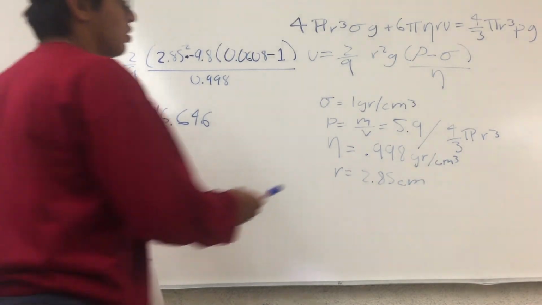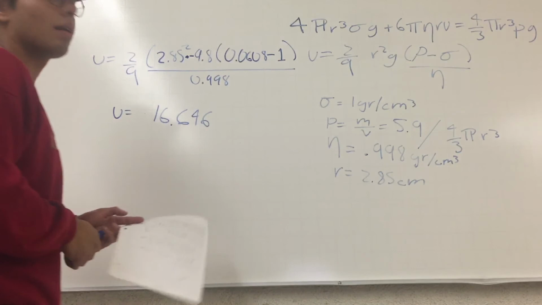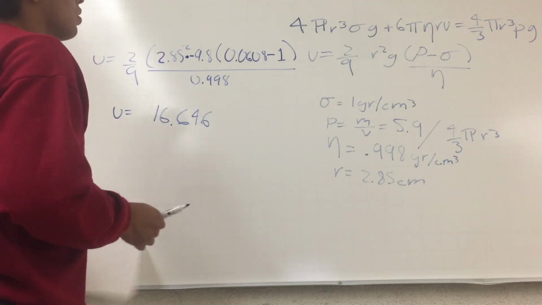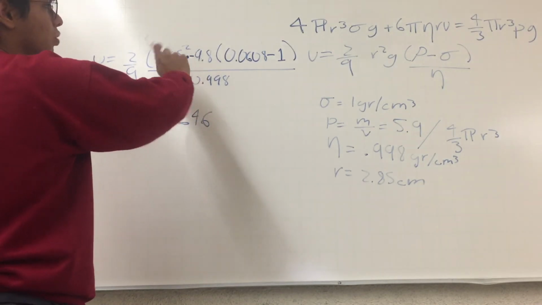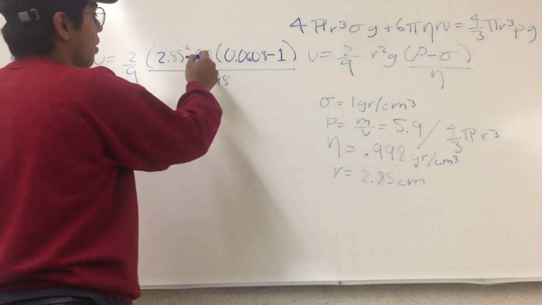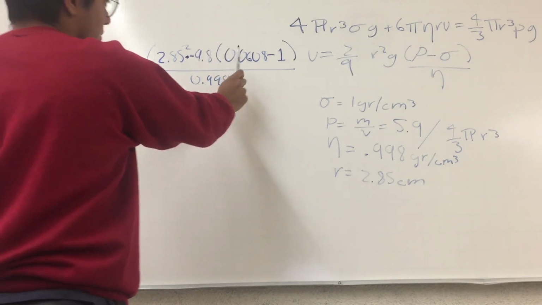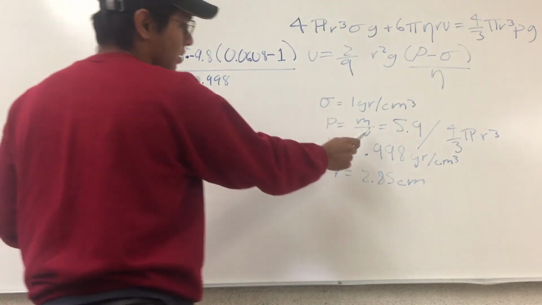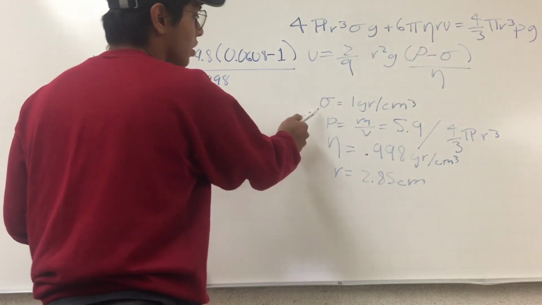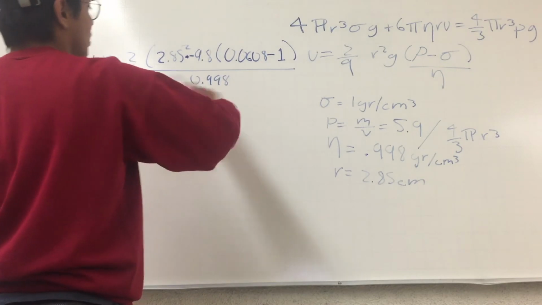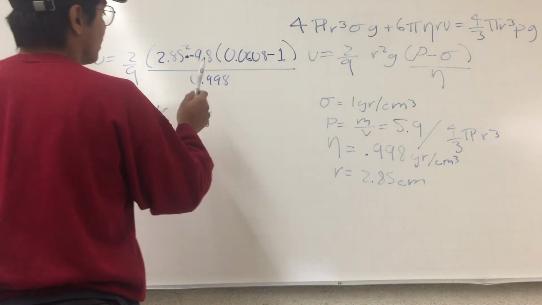By making the substitution for the velocity and knowing our quantities, we can make the equation knowing that the radius, which is 2.85, squared, times the gravity, which is negative, multiplied by the density of the body, which is the mass divided by its volume, minus 1, which is the density of the liquid, water, divided by the coefficient, which is 0.998.